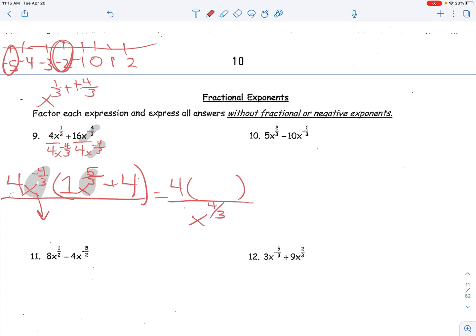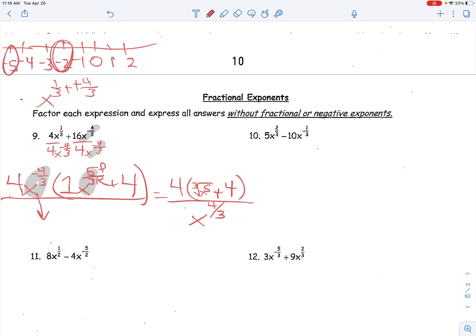X to the negative 4/3 will go to the bottom and become x to the 4/3. And now we're going to have to write that as a radical. 1x to the 5/3, that's a power over root, people. So that's 1, cube root of x to the 5th.